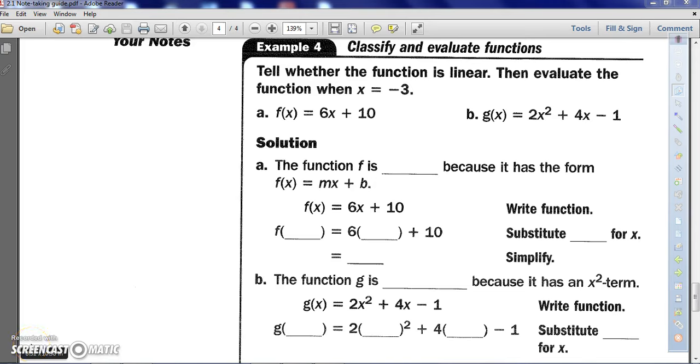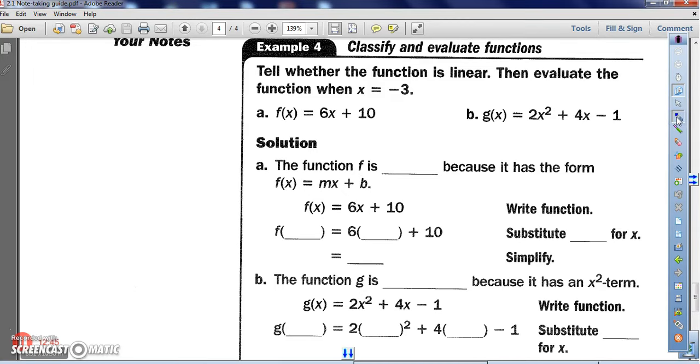Now the last thing we want to do in this section is try to determine whether or not we have a linear function. And so as I look at these problems, we want to try to make that decision. Now remember, to be a linear function, it has to be able to look like y equals mx plus b. Now in letter A and letter B, notice the notation here.